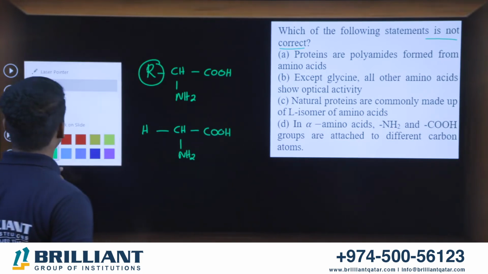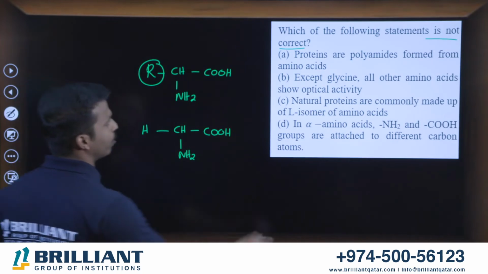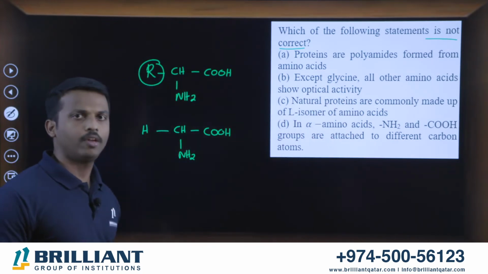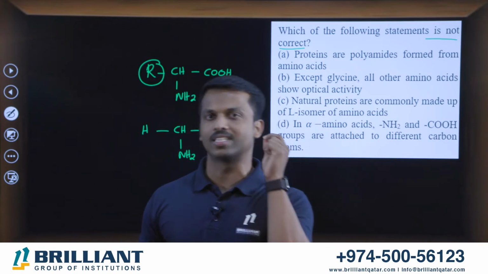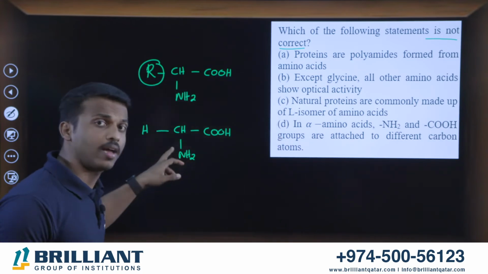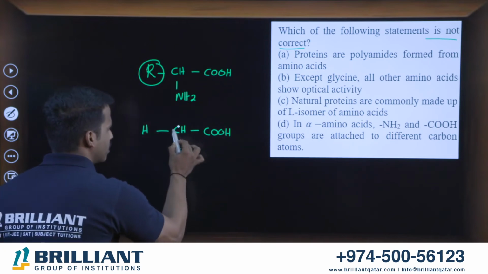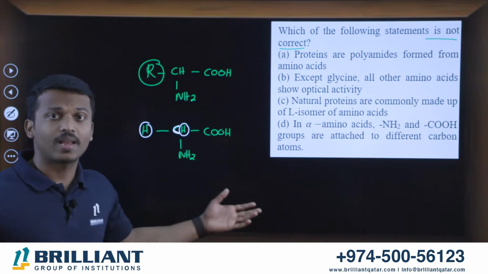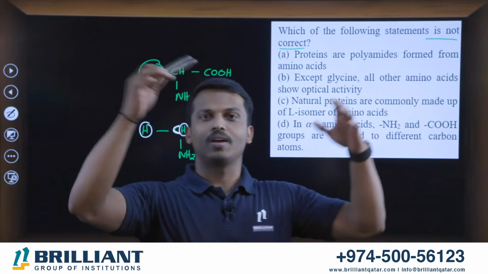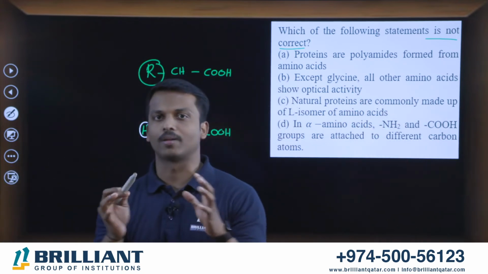Dear all of you, what is the condition to make a compound optically active? If a substance wants to be optically active, at least one chiral carbon is necessary. Does it contain any chiral carbon? No, dear all of you. This carbon, you see, is connected to two same elements, hydrogen. What is a chiral carbon? All the surrounding elements or groups on the carbon atom should be different.